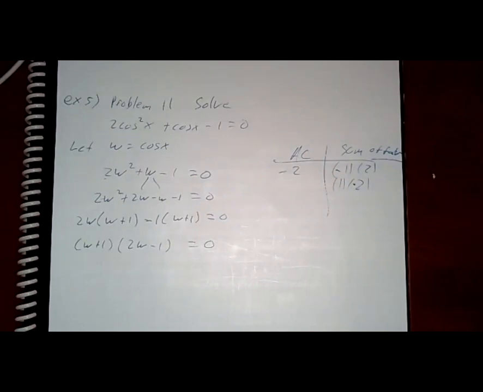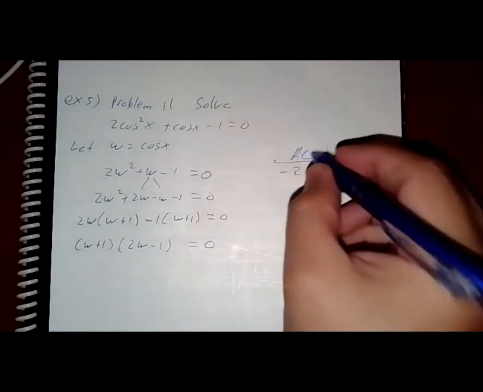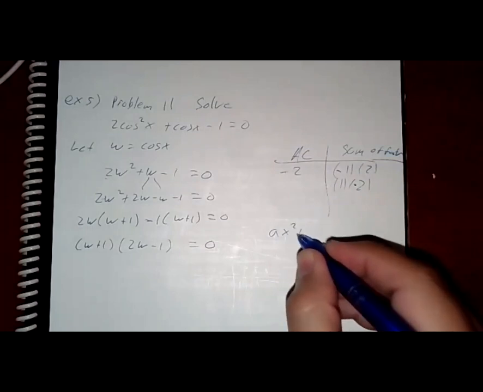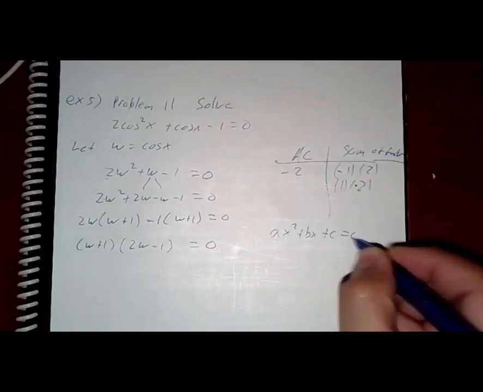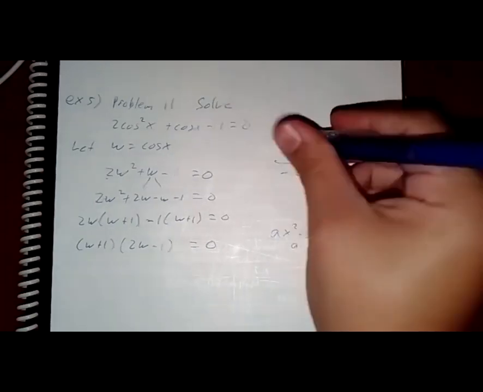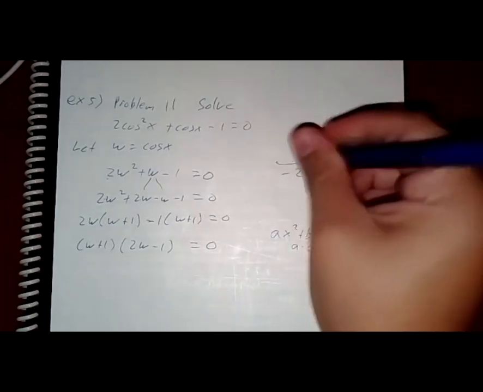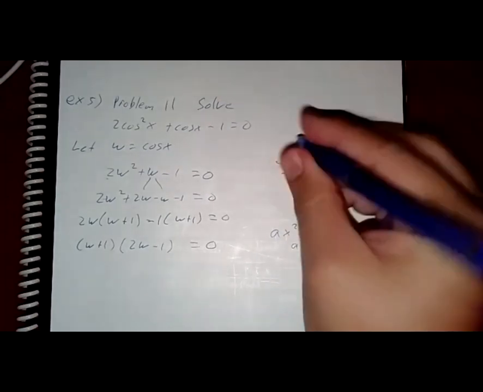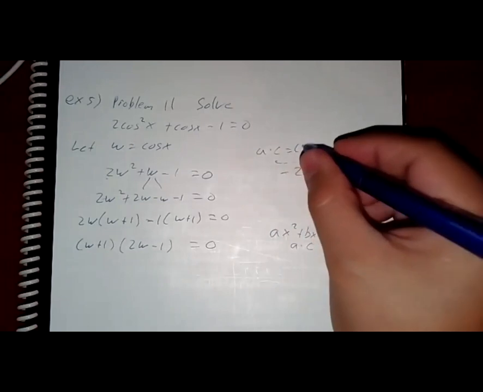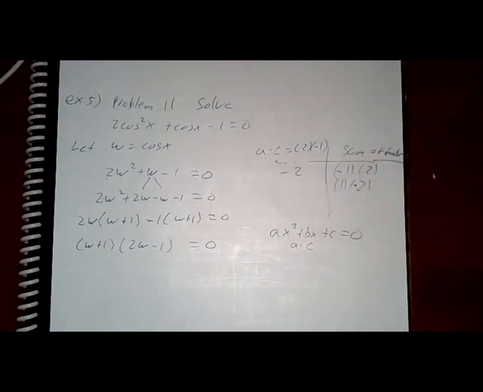You could do brute force. Yeah, what's up? I have a question. Where'd you get the -2 from? So a times c means this here: ax squared plus bx plus c equal to 0. So you multiply a times c. Right here, let's use our lowercase letters. a times c is equal to 2 times -1.